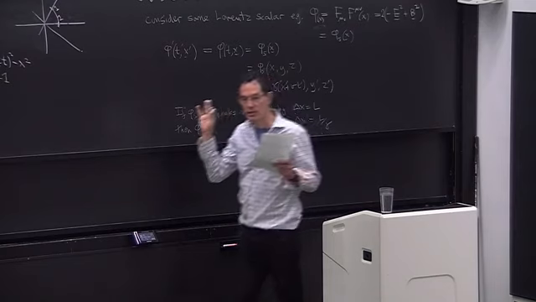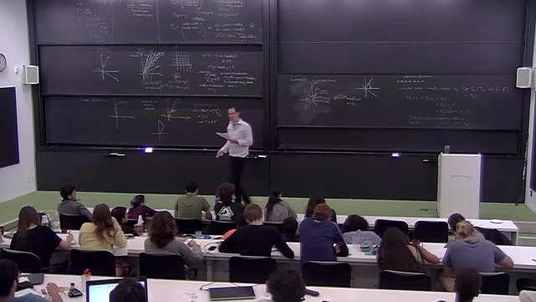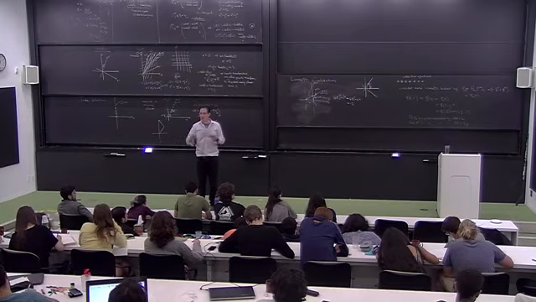Right? It's exactly the same function, but it's a function of gamma x prime. So the peaks are separated by L over gamma. So that's Lorentz contraction.